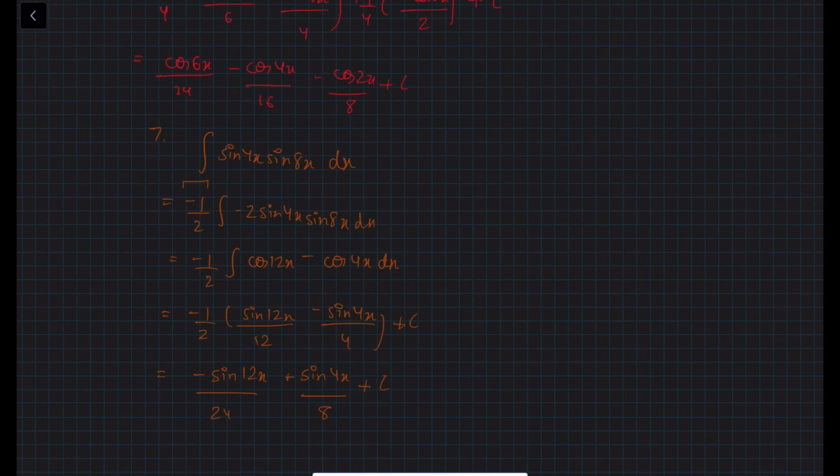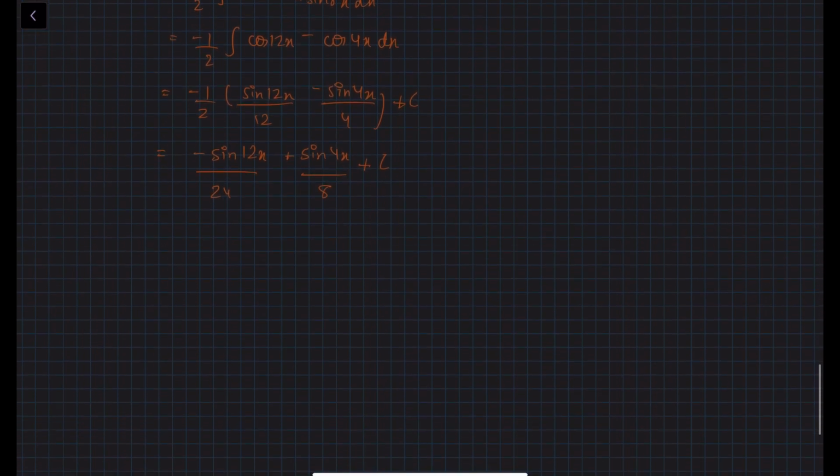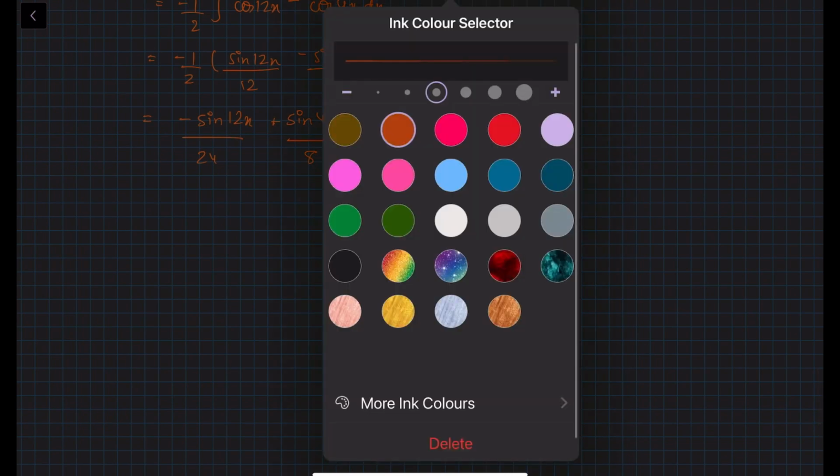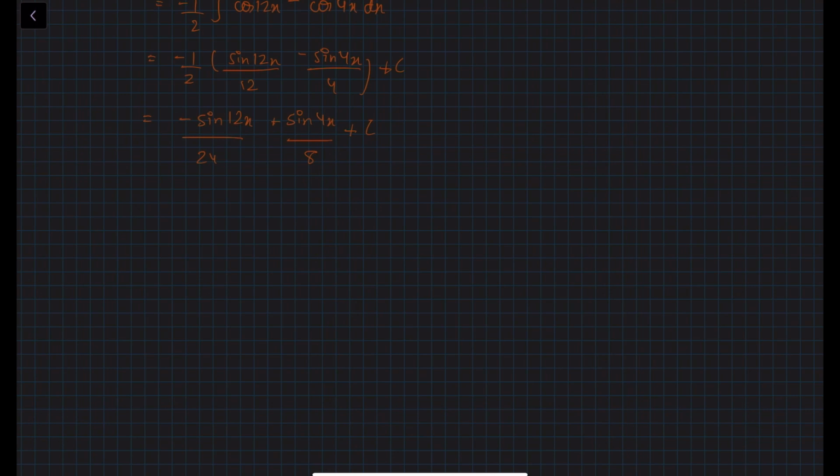Okay. Now for question 8. Right. So question number 8 is 1 minus cosine x over 1 plus cosine x. And for this, we're going to recall the cos 2x formula, or the many different variations of this formula.